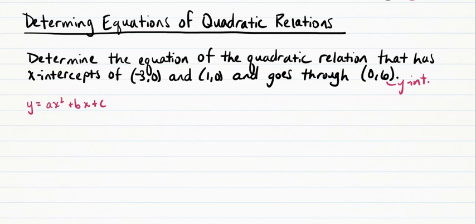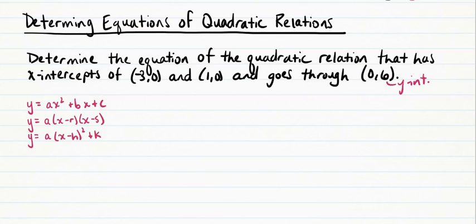The second is factored form: y equals a times x minus r times x minus s, where r and s are the x-intercept values. And the third is vertex form, which is what we use for transformations: y equals a times x minus h squared plus k, where h comma k gives the vertex of the parabola.